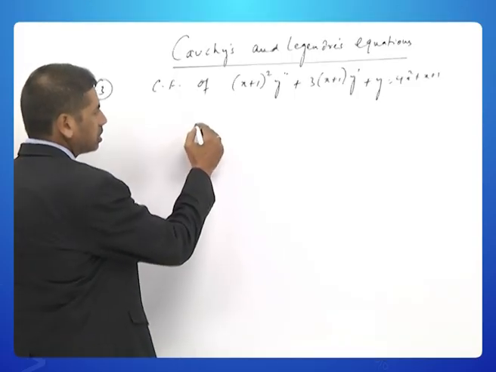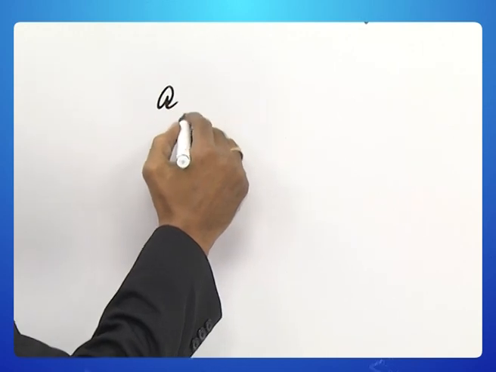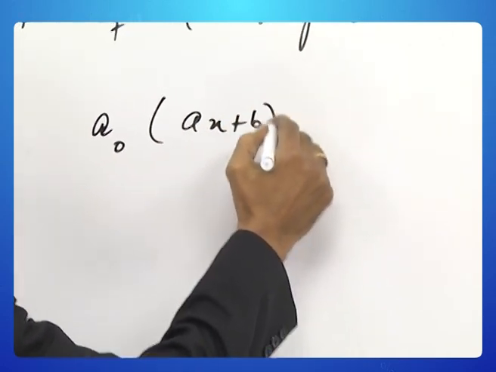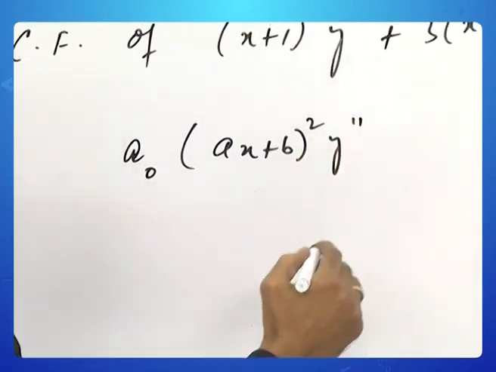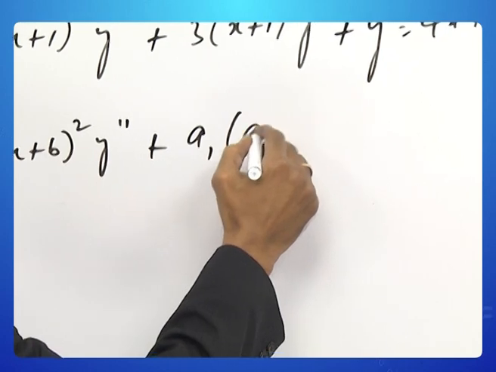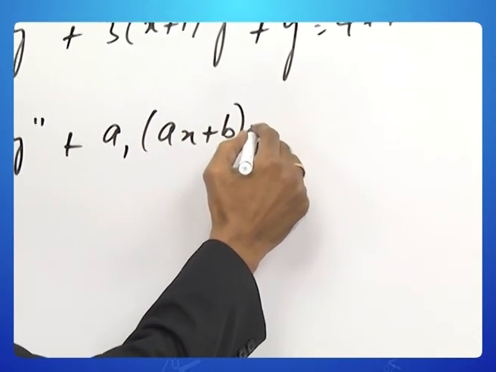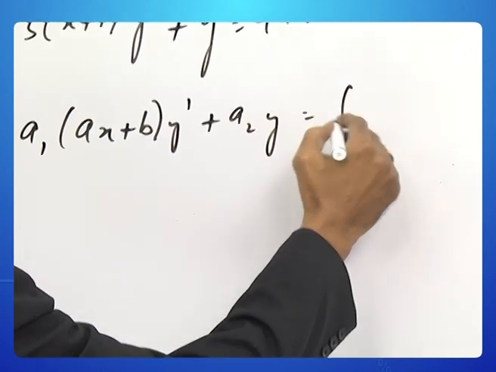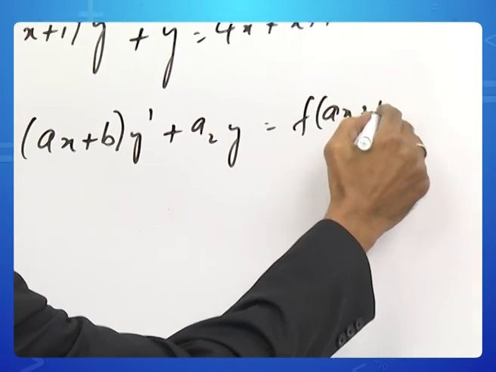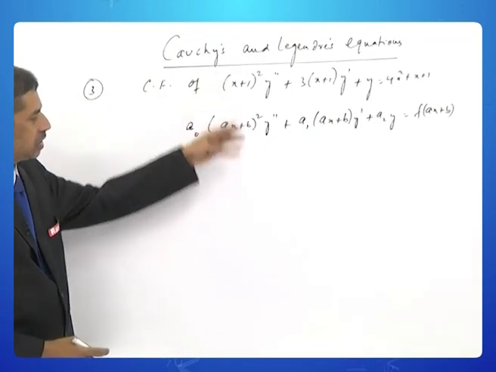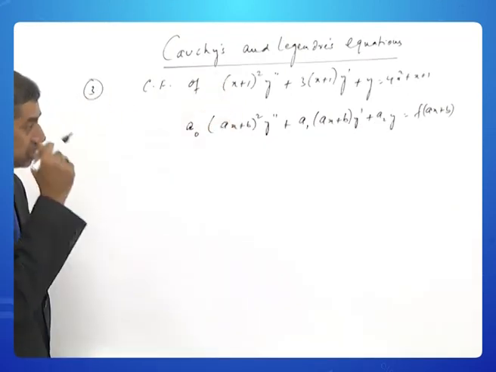A Legendre's equation in the standard form will be a naught into ax plus b whole squared y double dash plus a1 into ax plus b y dash plus a2y is equal to f of ax plus b. So, you can easily see that this equation matches with the standard Legendre's equation.